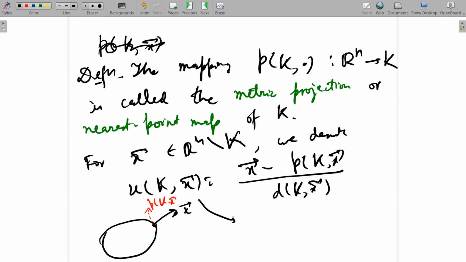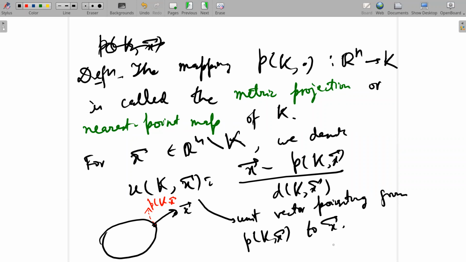So this is the unit normal vector, the unit vector pointing from P_K(x) to x. If it was a smooth convex set, this is precisely going to be the unique normal vector. But if it's a polyhedron and you have these pointy edges, you can have many such normal vectors. But through that point, you'll have a unique one. So that unit vector we're denoting by u_K(x).